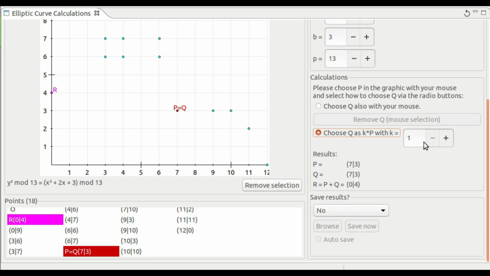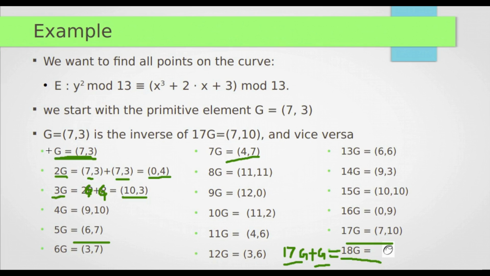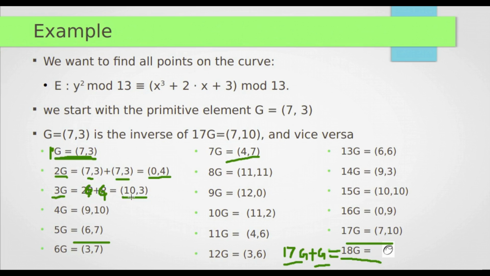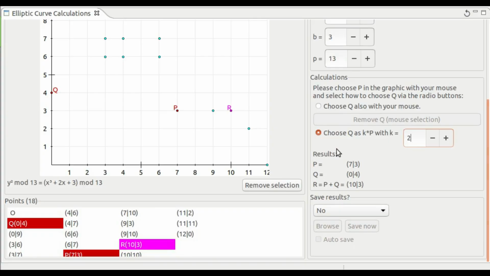And if we want to compute 3P, we need to add this P, 7 comma 3, with 2P. This is 2P. It is 0 comma 4. We are adding this P with 2P, that is 0 comma 4. Now the result is 10 comma 3. If we want to find 4P, we have to add this P with this 10 comma 3, which is 3P.